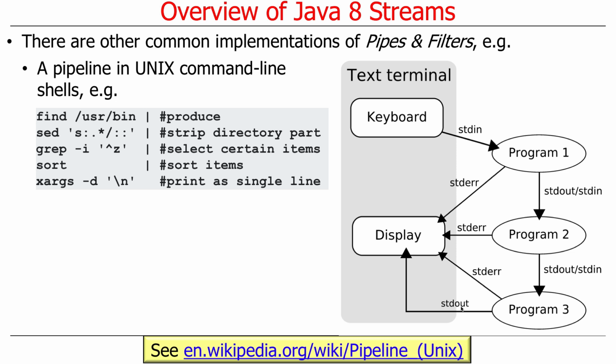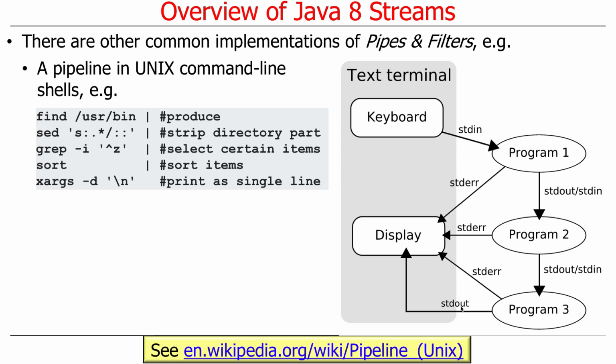Another example, maybe a little bit more close to home, unless you have water filters, is the UNIX command line shell pipeline. If you're familiar with Unix, you can do stuff like this. You could look at all the files in the user bin directory. You can pipe it, that's what the vertical bar stands for, through a filter program called sed, which stands for Stream Editor, that strips out the directory portion.